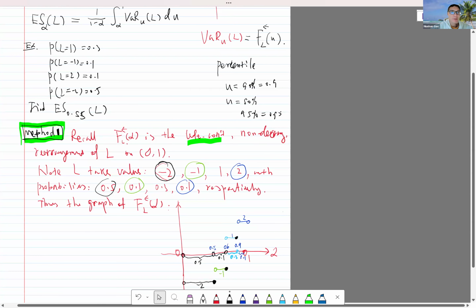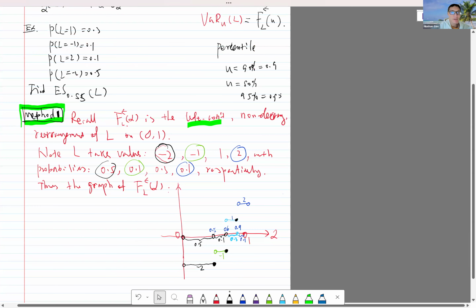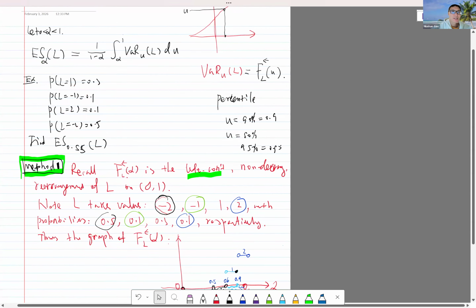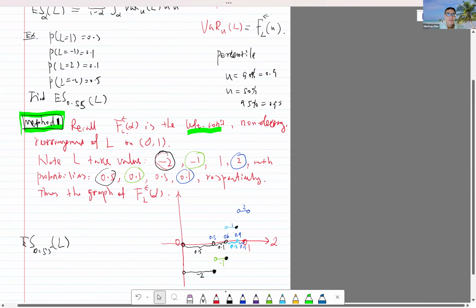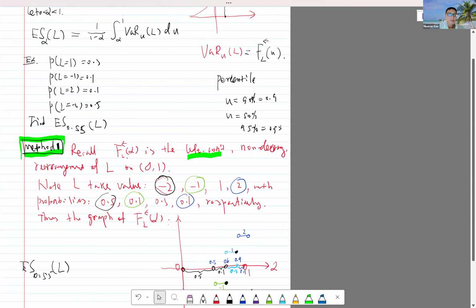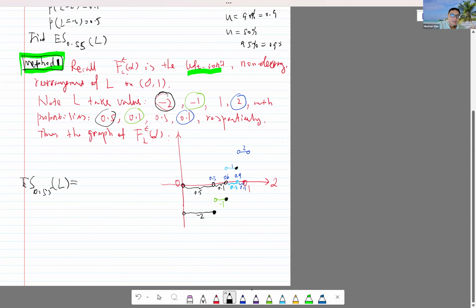Now we need to compute this expression for ES 0.55 of L. So my alpha is 0.55. So I need to integrate 1 over 1 minus 0.55, from 0.55 to 1.